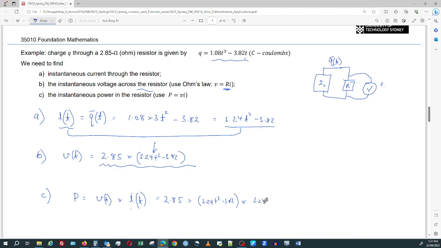Oh, that's a squaring. So yes, it's voltage times current, but it's also I squared R, which means times 2.85. So that's a bit of fun for us to understand that.